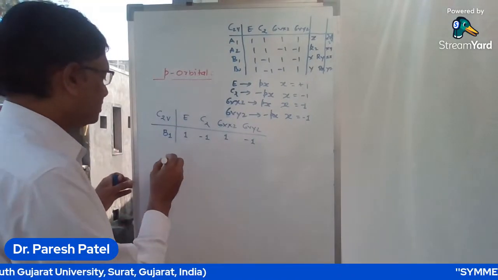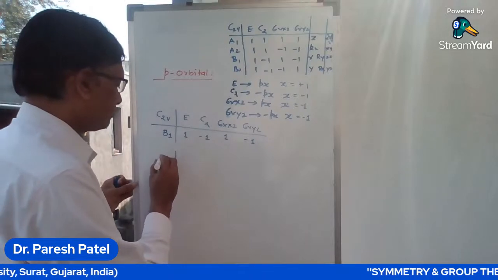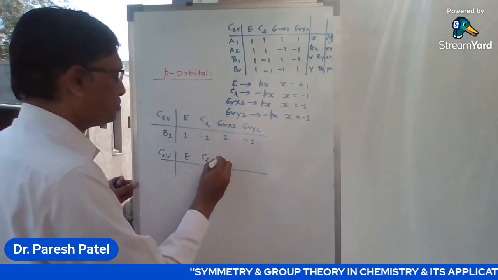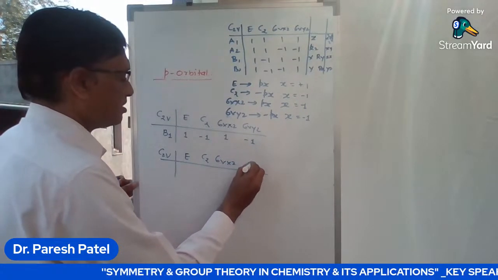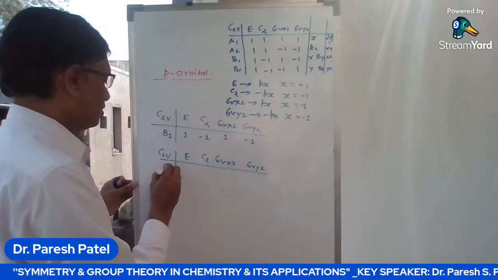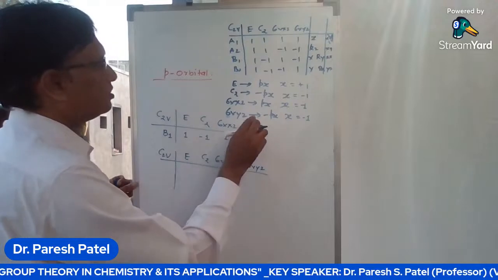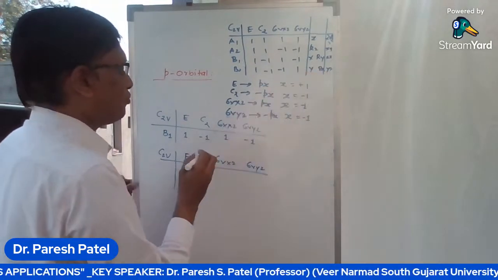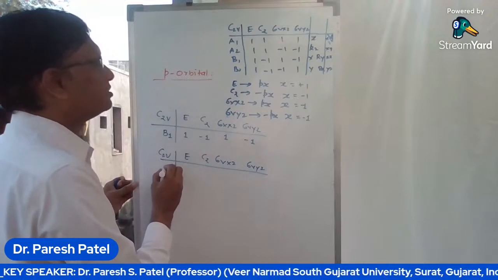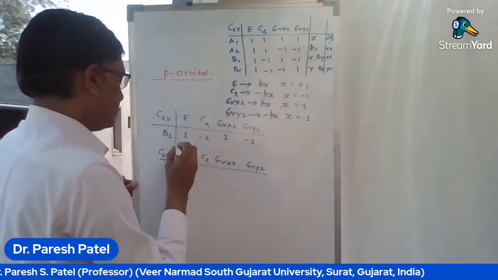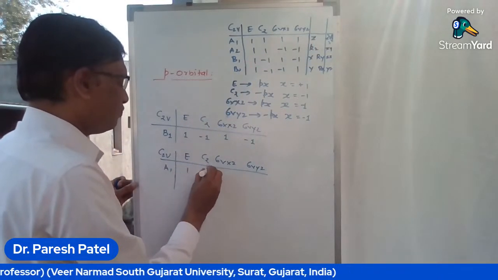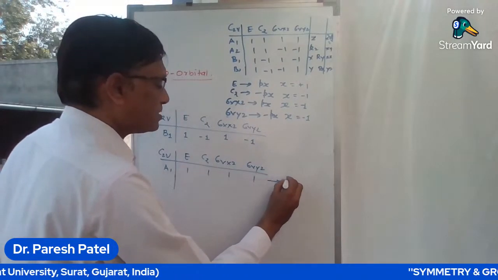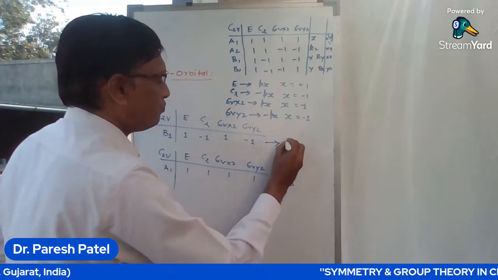Similarly, we can predict that for C2v, E, C2, sigma Vxz, sigma Vyz, this is the contribution from Px. If you go for Py and Pz, A1, 1, 1, 1, 1, this is the contribution from Pz. This is the contribution from Px.